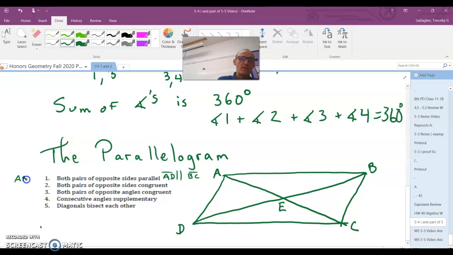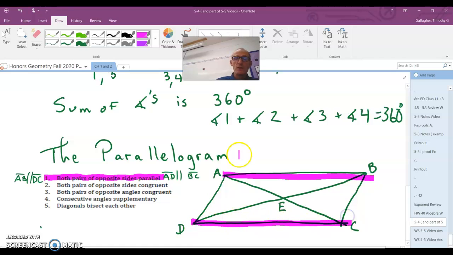So AB is parallel to DC. So both pairs of opposite sides parallel. That means these 2 sides are parallel and these 2 sides are parallel.